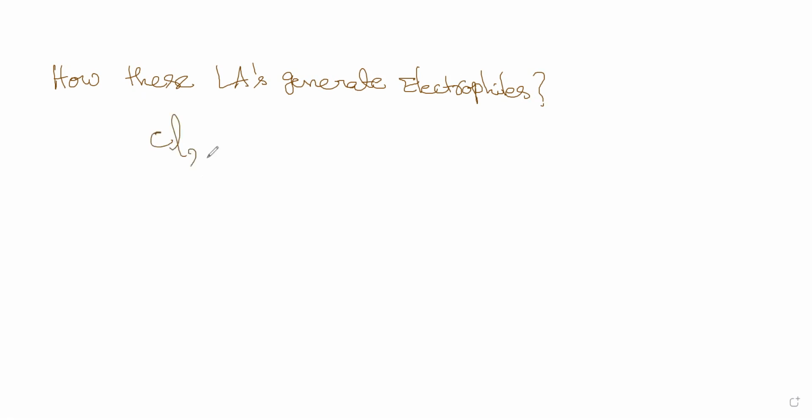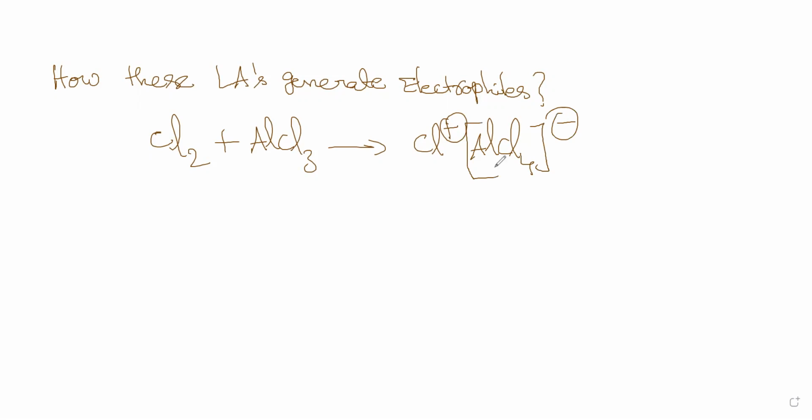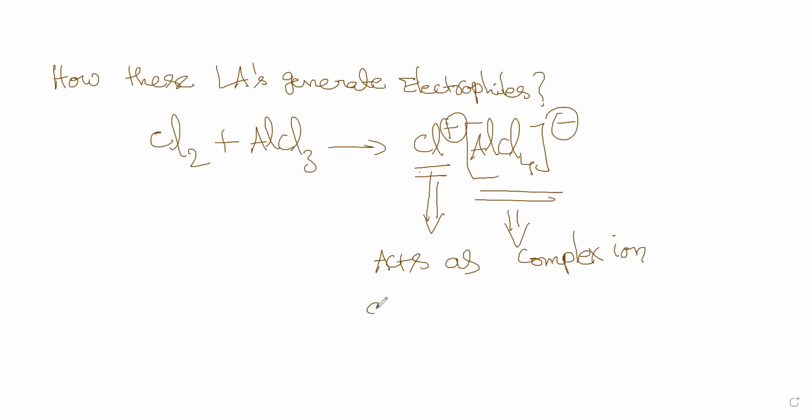Suppose you have Cl2, suppose AlCl3 is taken, it will form a complex, Cl+ AlCl4-. This is the complex it will form. Now, this Cl+ is in combination with AlCl4-. This is a complex ion. The Cl+ acts as an electrophile.